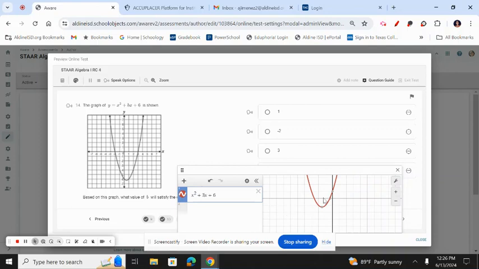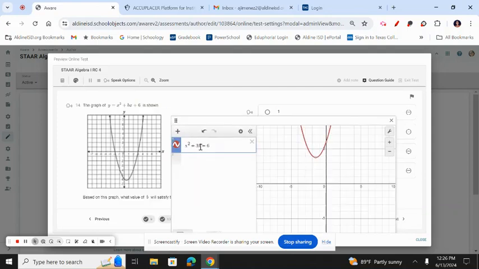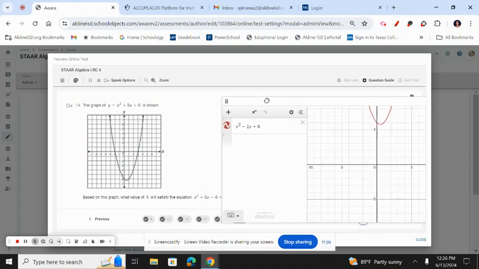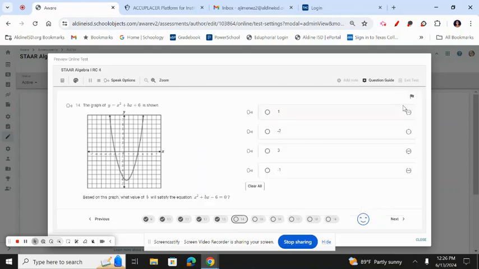That does not look like it, because it's not crossing the x-axis, so the last one is -1. Let's see if that works. Huh. Something happened here... it's a -6. Look at that. And then those are in the right spot. So I type over here, and the bottom one it was fine, so it is -1.